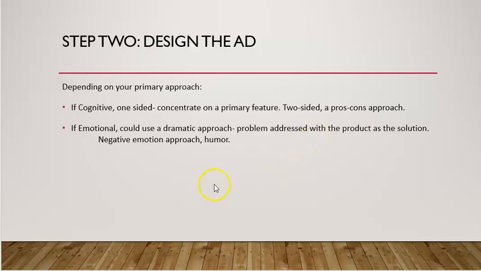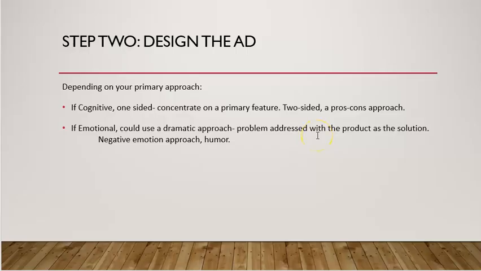Step 2 is to design the ad. So depending on your primary approach, if it's cognitive, usually it's one-sided, concentrate on a primary feature. If it's two-sided, you might want to present it from a pros and cons standpoint compared to other alternatives that are out there. And if it's emotional, you can use a dramatic approach, a problem addressed with a product as the solution.